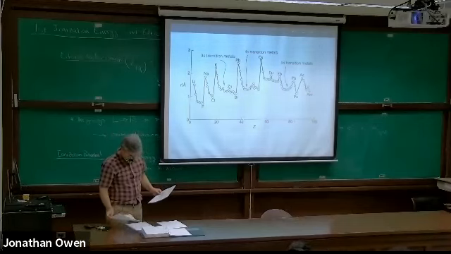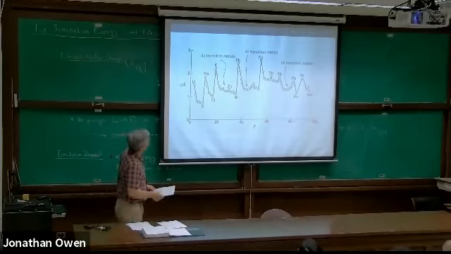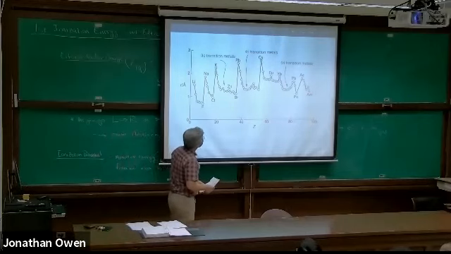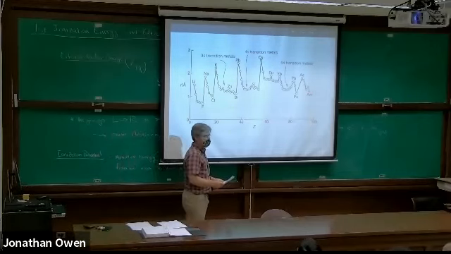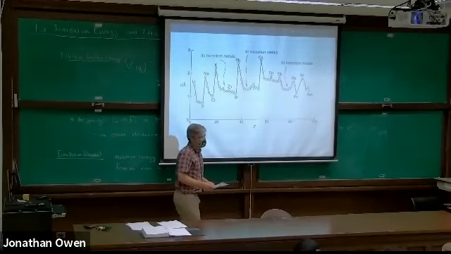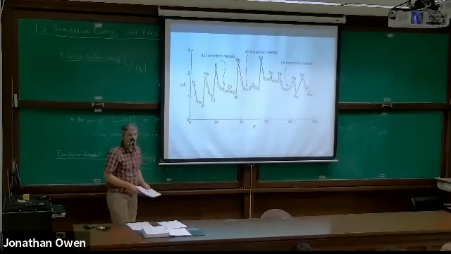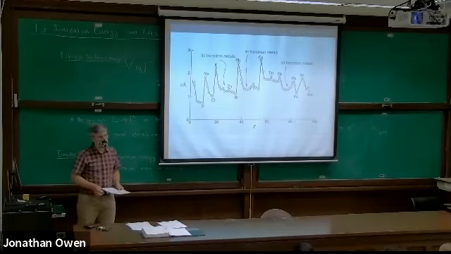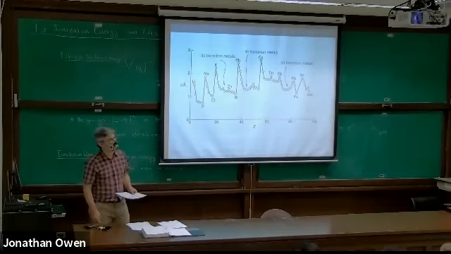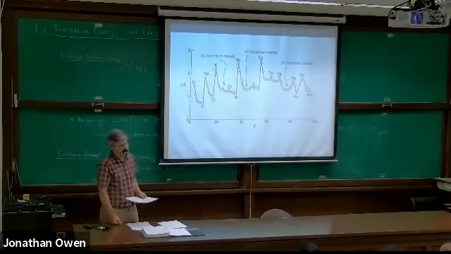Let's see. There's one more of these effects. It's kind of cool: the lesser known scandide contraction. What's a scandide contraction? It helps if you know the periodic table. You just heard about the lanthanide contraction, where 5D is smaller than 4D. What's the scandide contraction?